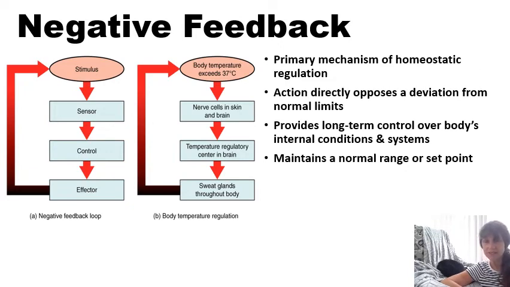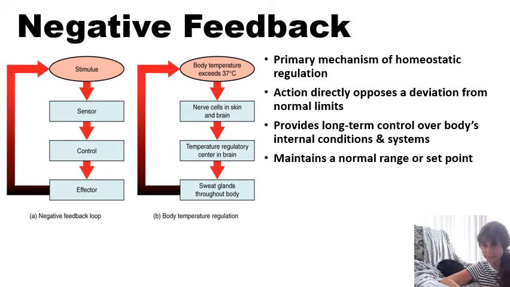That will stimulate temperature regulatory centers in the brain to send signals to sweat glands throughout the body. When the sweat glands are stimulated, sweat will evaporate off the skin to help cool the body down.